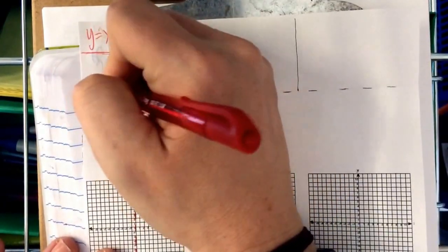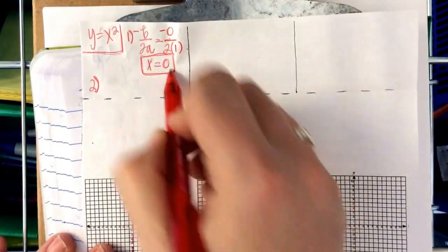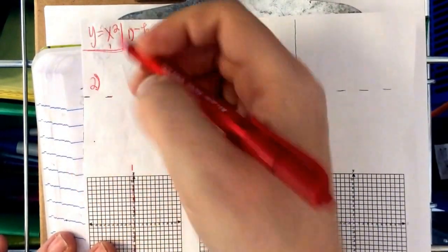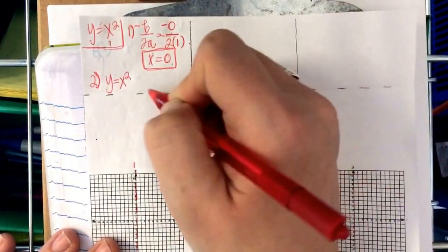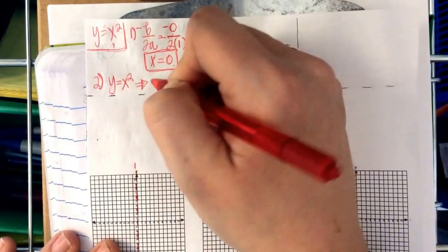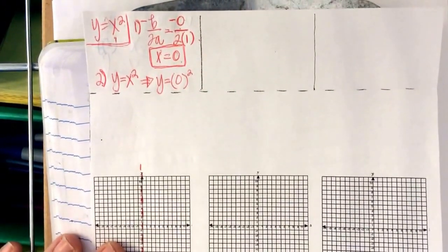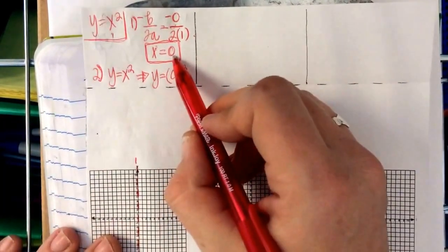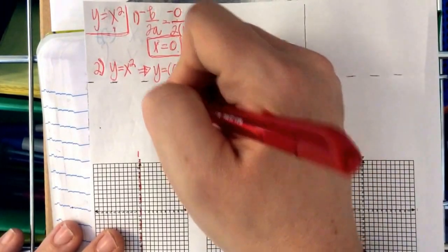Second step, substitute your axis of symmetry into the original problem. Y equals, instead of x squared, y equals 0 squared. Instead of x, I substitute my axis of symmetry. So what does y equal? 0.